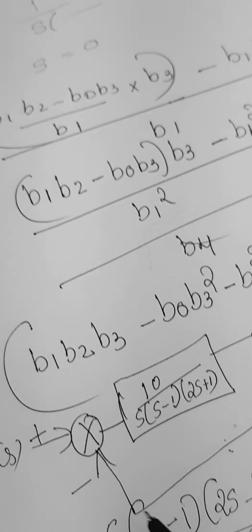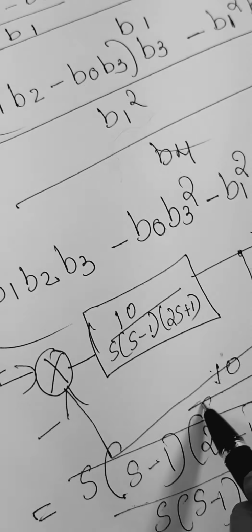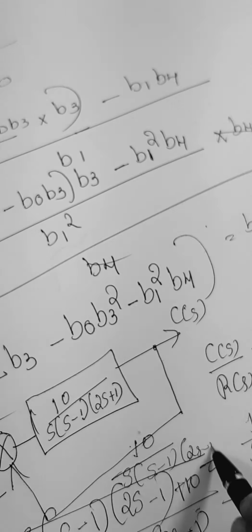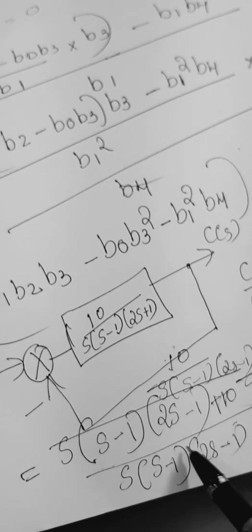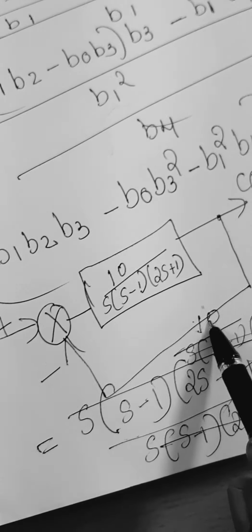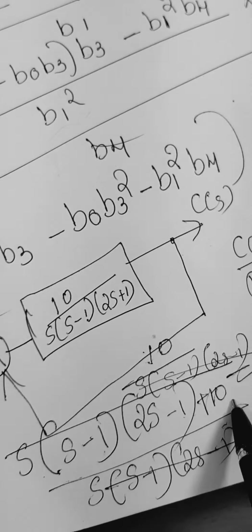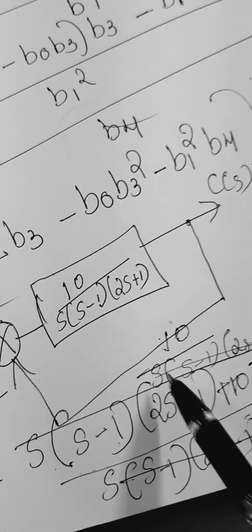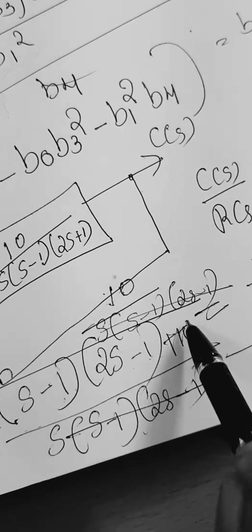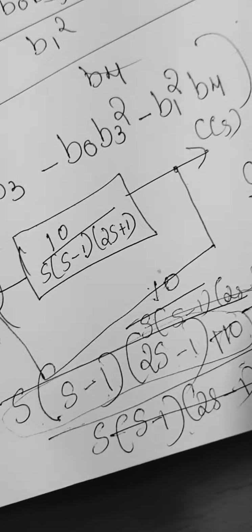Over that, 10 divided by S into S minus 1 into 2S minus 1. So this and this will be cancelled. So the transfer function is 10 divided by S into S minus 1 into 2S minus 1 plus 10. So this is the denominator term, and equating it to 0 gives the characteristic equation.